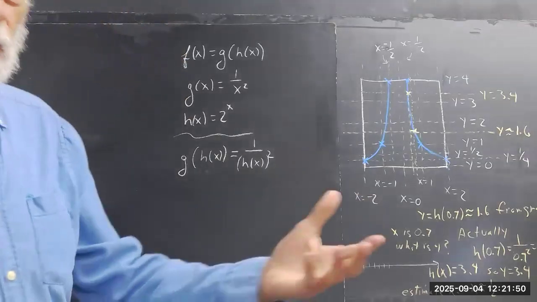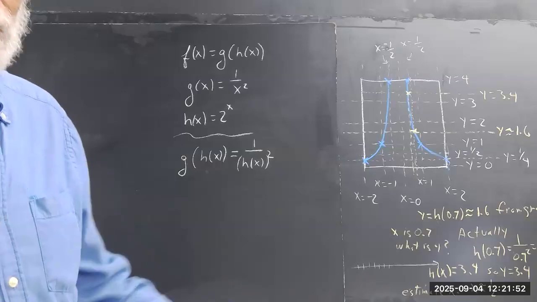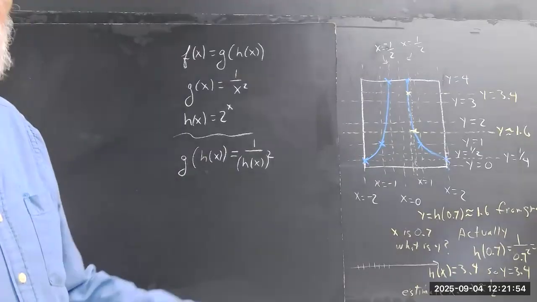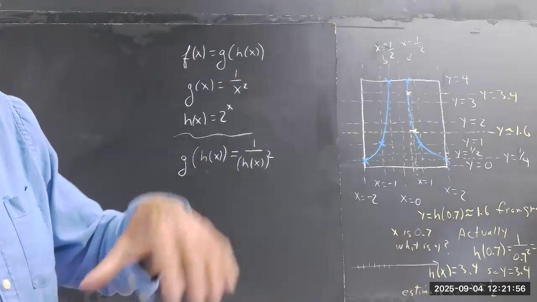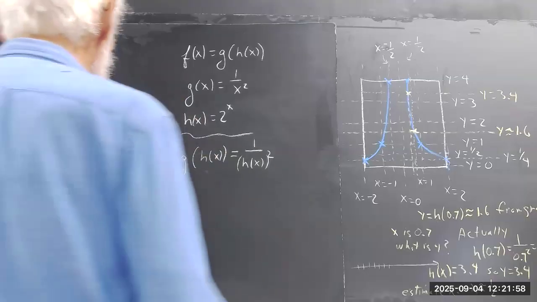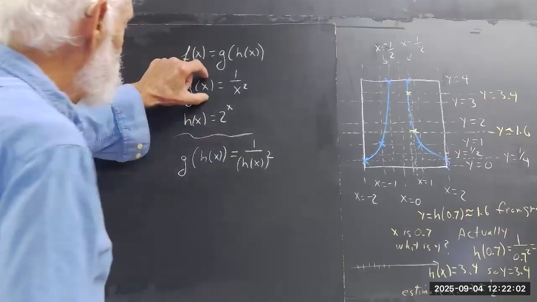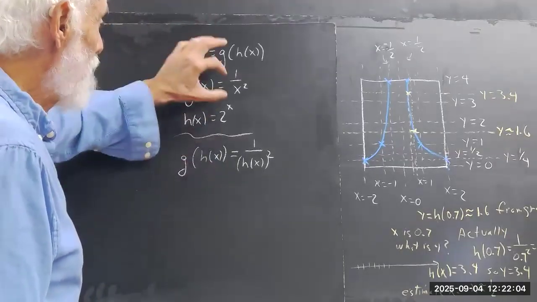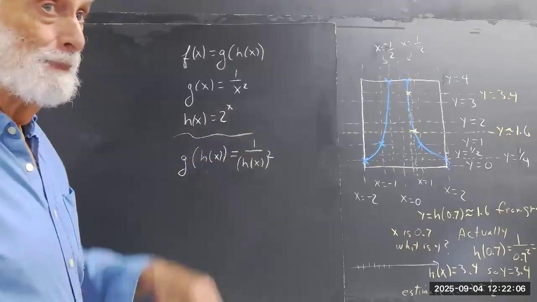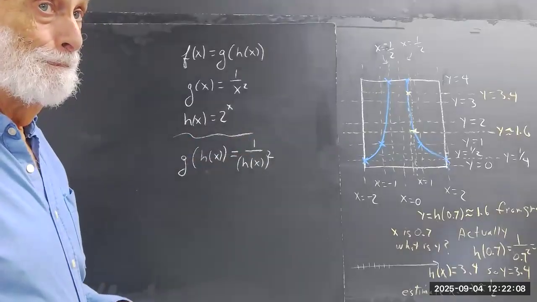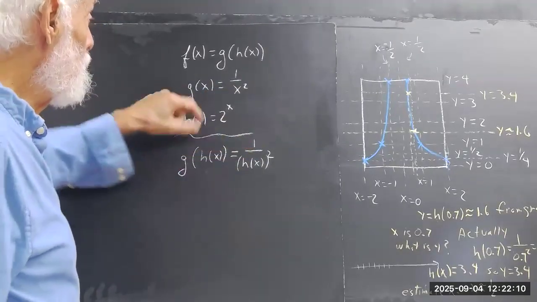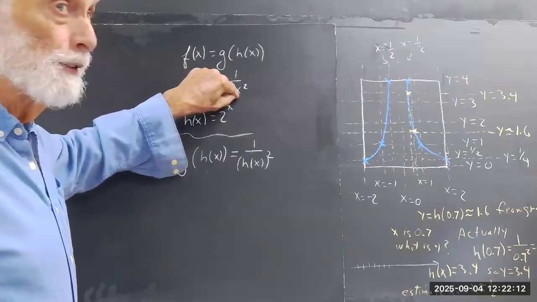And OpenMath is going to tell you the same thing, but in different words. You're going to talk about inputs and outputs, as I did, and as I would right now if I had a little more time. It's 1 over h of x squared. If x is replaced by h of x, then you have to replace x by h of x, right? Here's the rule for g of x. Whatever replaces x has to replace this x too.